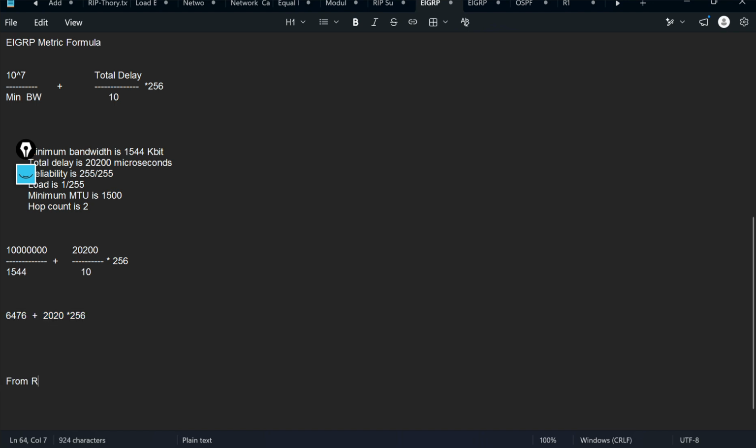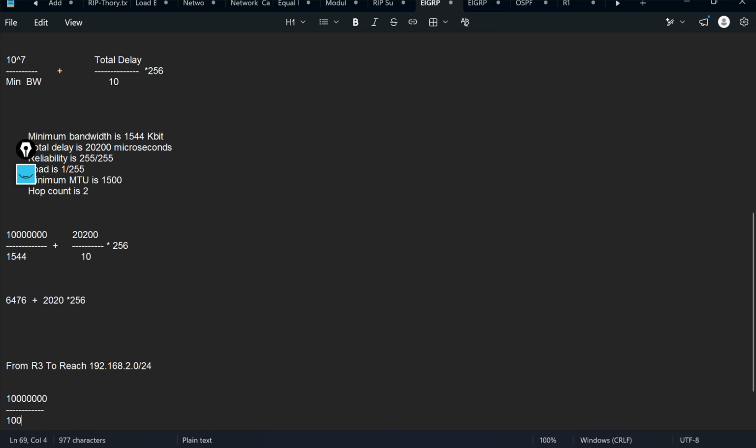From R3 to reach 192.168.2.0/24, a local network, 10 to the power of 7 means 1 followed by 7 zeros, divided by 1 lakh, which is 1 followed by 5 zeros, plus the total delay.